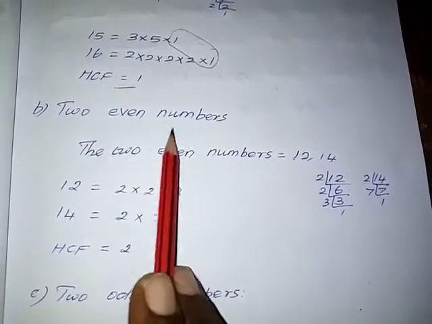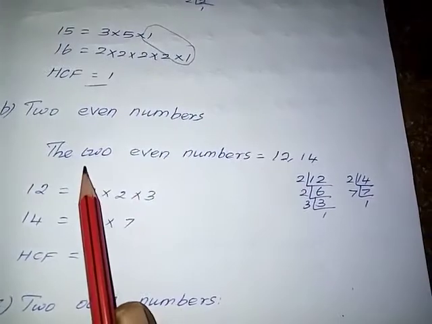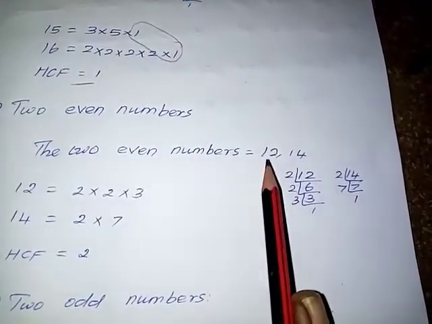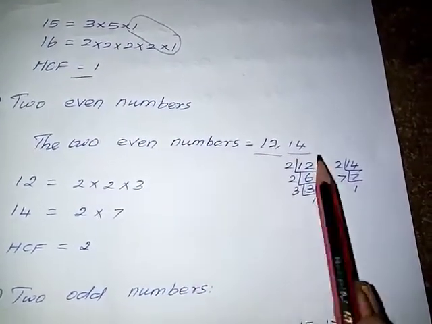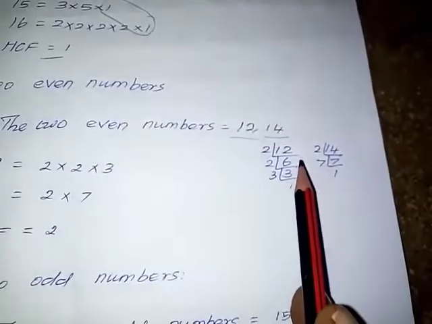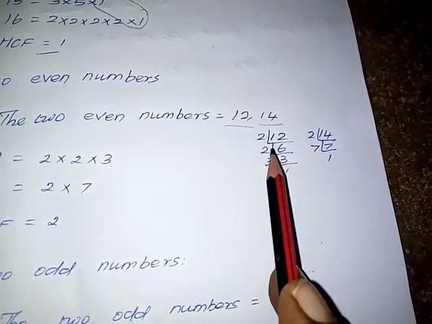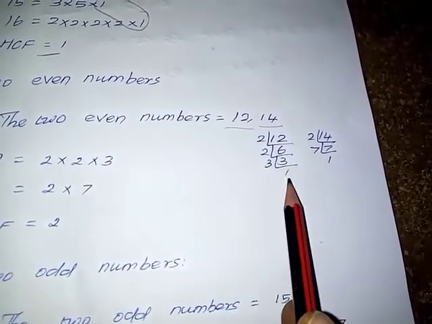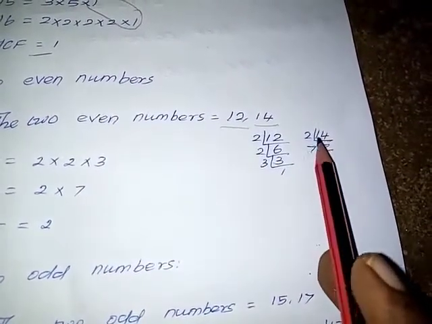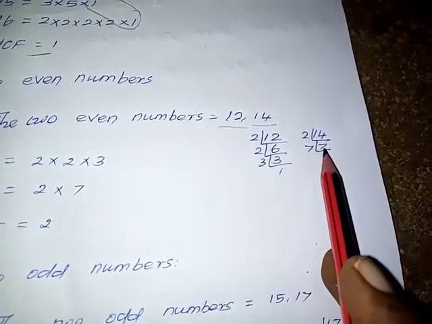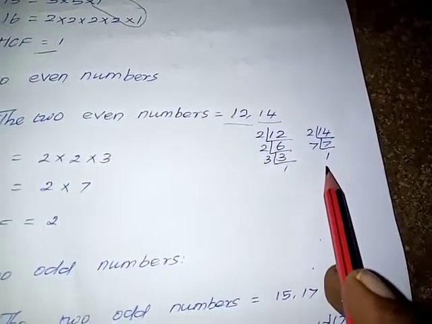Next, 2 even numbers. We can take consecutive even numbers 12 and 14. Do the L division separately. 12, 2 table, 6 2s are 12, again 2, 3. So 3 can be divided 1 time. Next 14, 2 table, then 7 can be divided by 7 table 1 time.